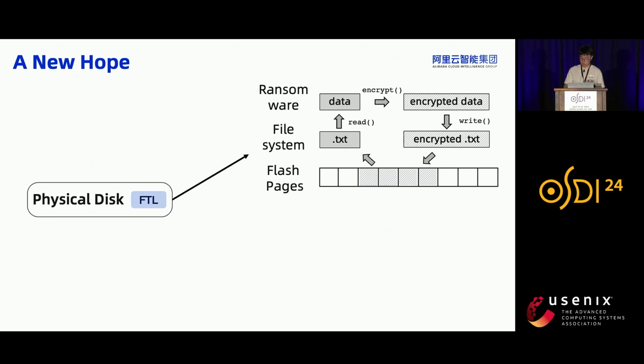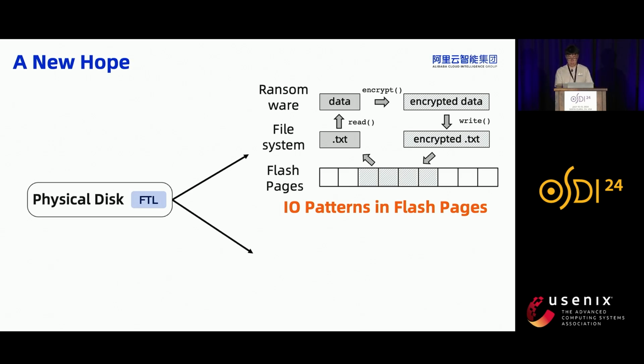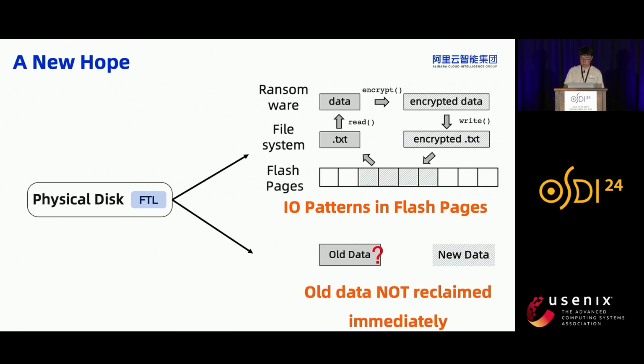This can lead to a strong IO pattern on the flash page, which can be caught by the FTL in a simple way. Second, in flash-based SSDs, data are not immediately deleted. Rather, they are still there for a period of time until reclaimed by garbage collection. So, after the FTL detects an attack, it can simply roll back the data to a previous version to nullify the attack.